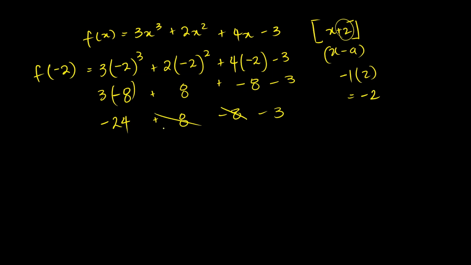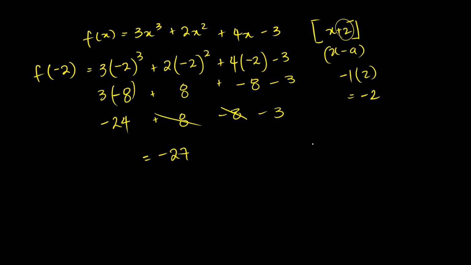So plus 8 minus 8 would actually cancel each other out because that would be equal to 0. Then you have negative 24 minus 3. That would be equal to negative 27. Good. So you could even put that in your calculator and you're supposed to get the same answer.